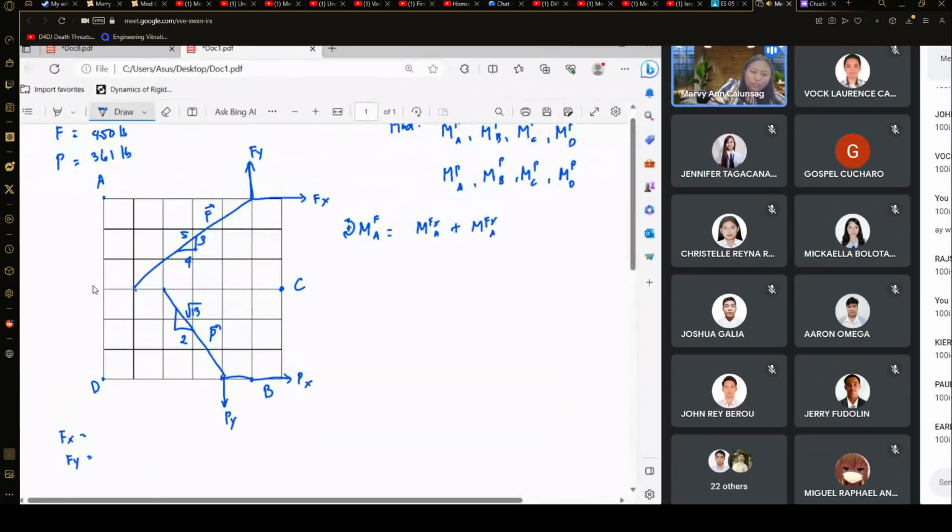Let us get its X component given the slope. That is 450 times 4 over 5, so Fx is 360 pounds. And for Fy, that is 3 over 5.